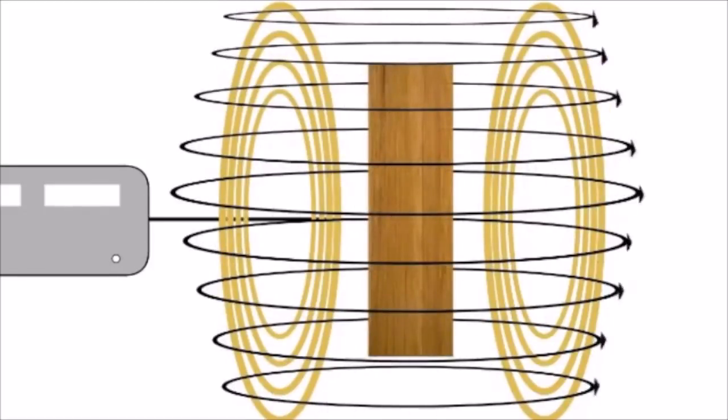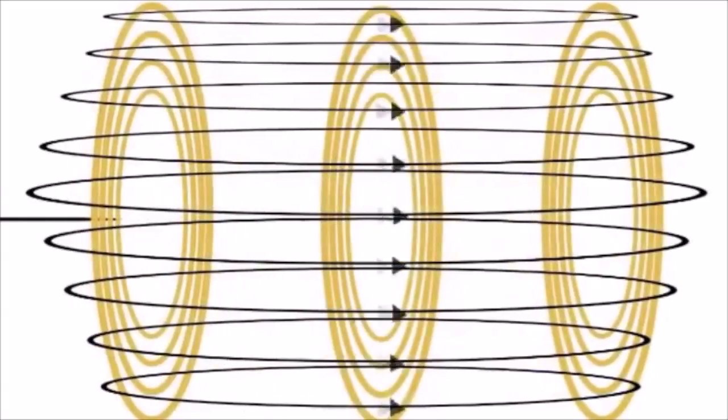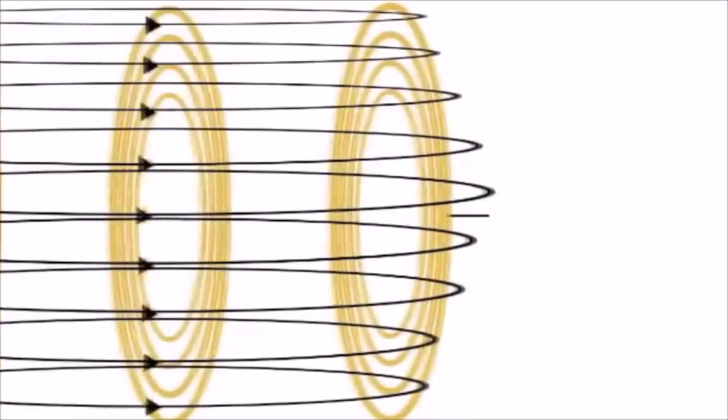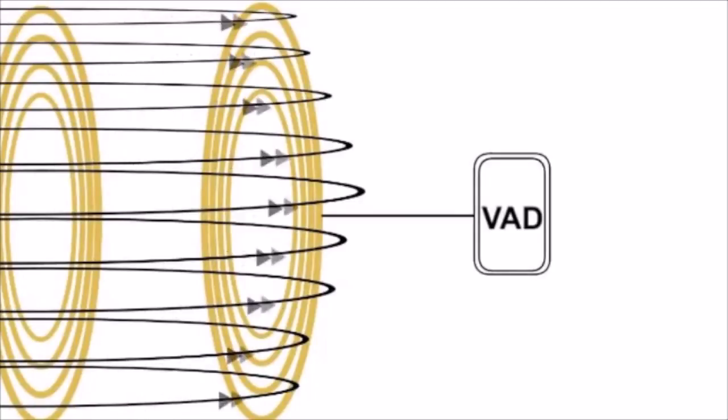Power can be transferred through solid objects, such as walls, household furniture, and human tissues. Introducing a third coil extends the range of the wireless power transfer. Additional circuitry converts the AC signal into a DC voltage compatible with any application, including implanted devices.